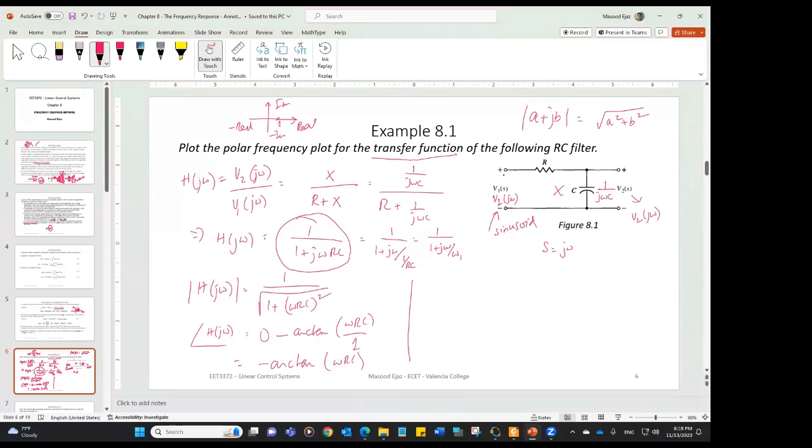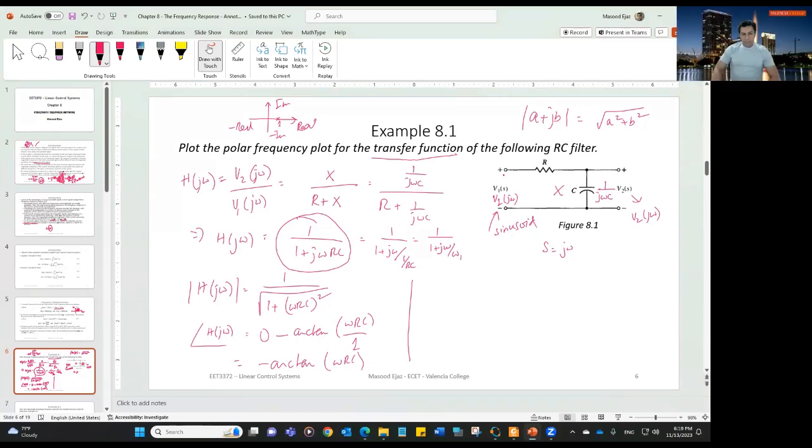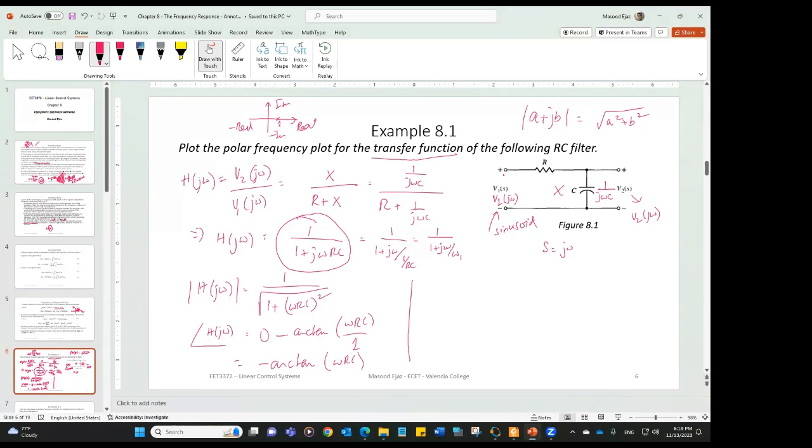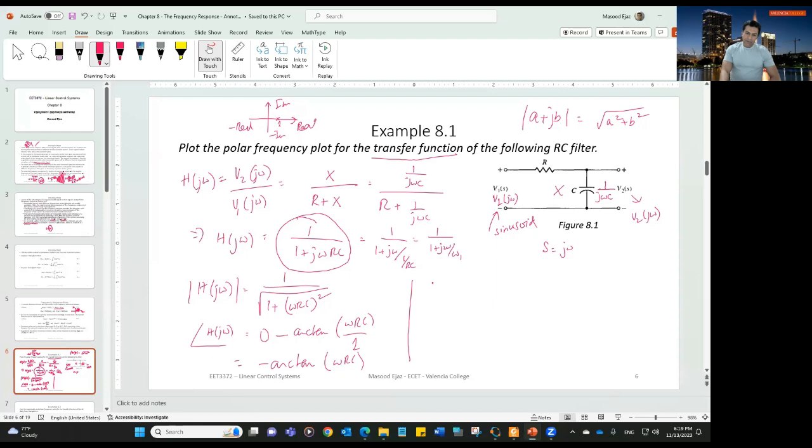You multiply with the complex conjugate. Yep, that is correct. You multiply denominator and numerator by the complex conjugate. So your numerator is 1 minus j omega RC. All right, who's going to tell me what the denominator will be?